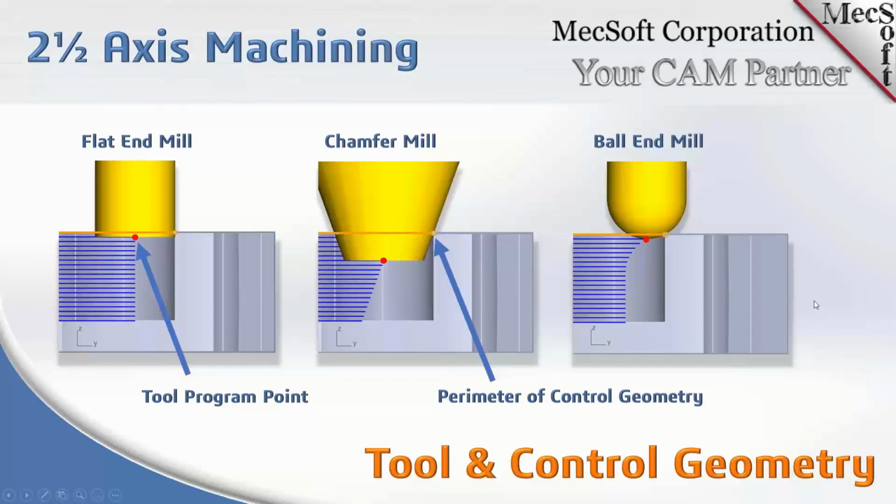This red dot is actually going to be right on that curve. So you're not going to get any offset at all. And this kind of throws a lot of new users. They're saying, why am I not getting an offset? The reason you're not getting that offset is because the contact point of a ball end mill on the control geometry is right on it at that particular cut level. So that's something important to watch out for.